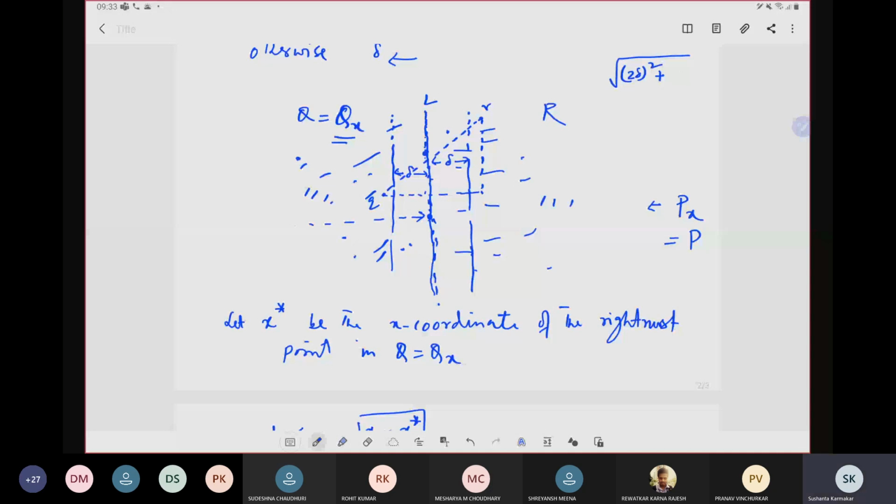So if their x separation is more than 2 delta, then their actual physical, or Euclidean, separation will be more than 2 delta. That means they cannot beat the distance delta in that case.